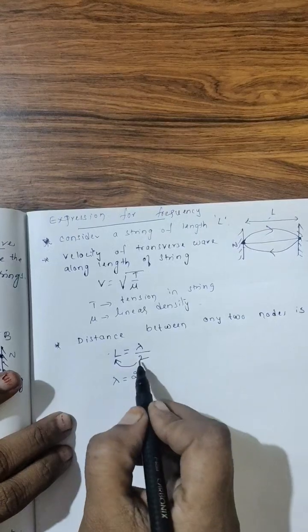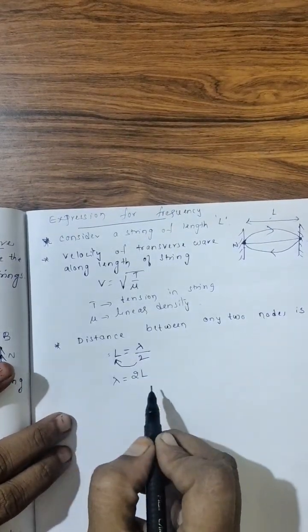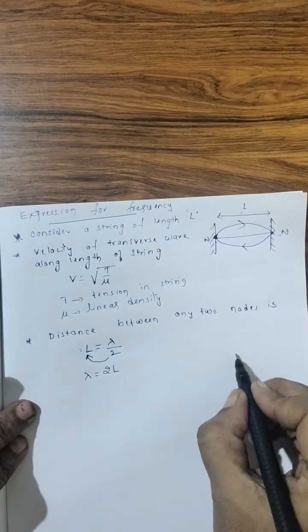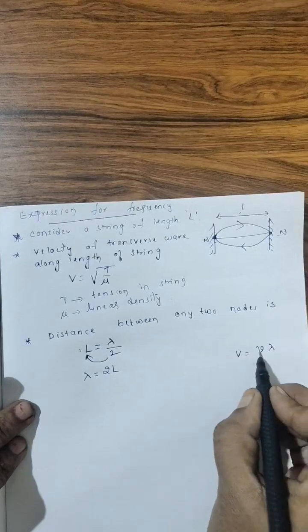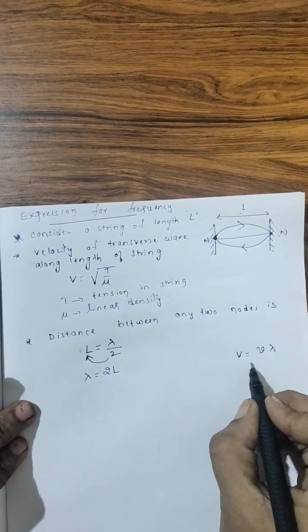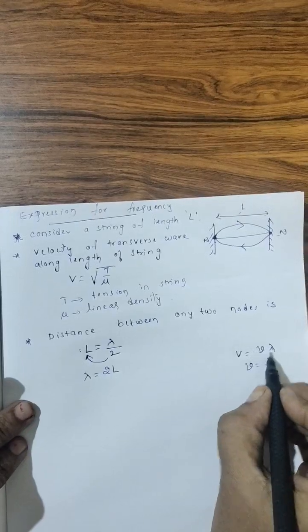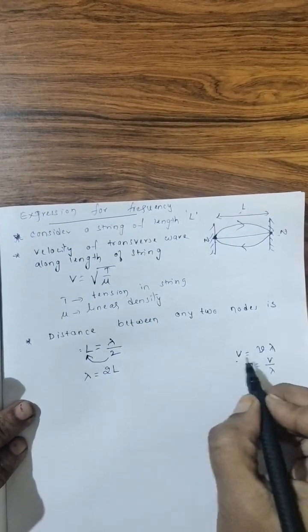Now we are aware of the formula v equal to nu lambda: velocity, frequency, wavelength. So from this we can write nu equal to v by lambda, lambda I am sending to this side, it comes as a denominator.